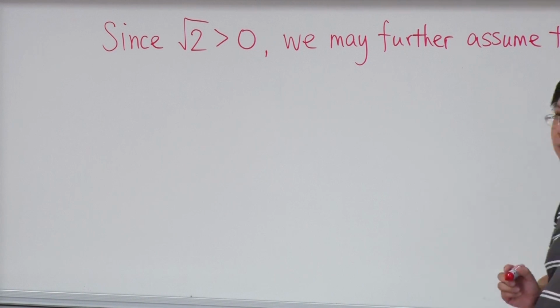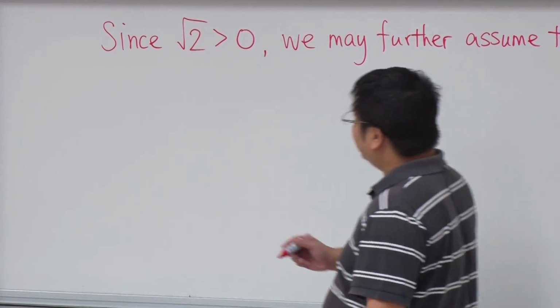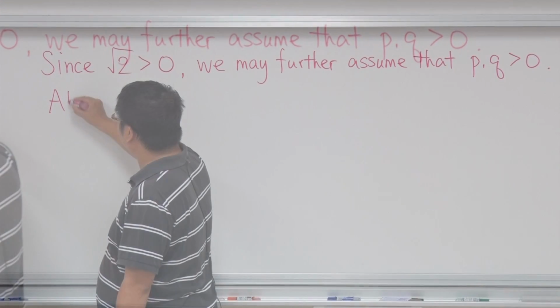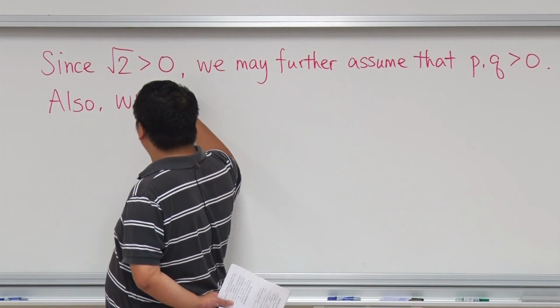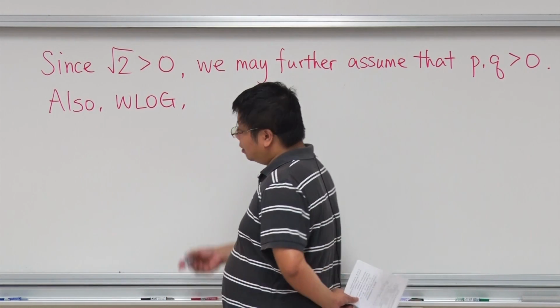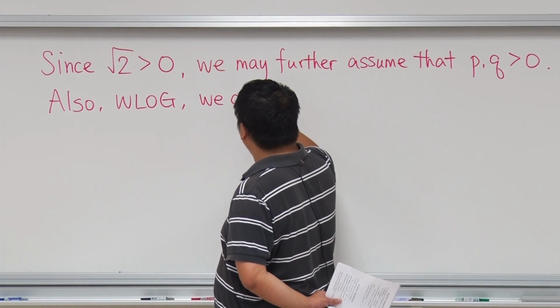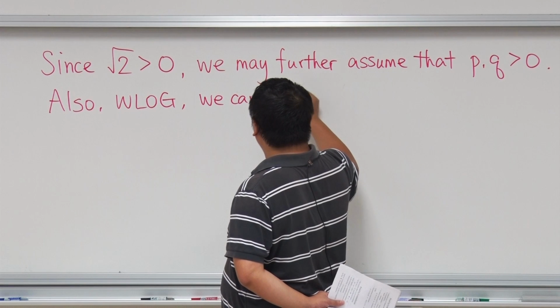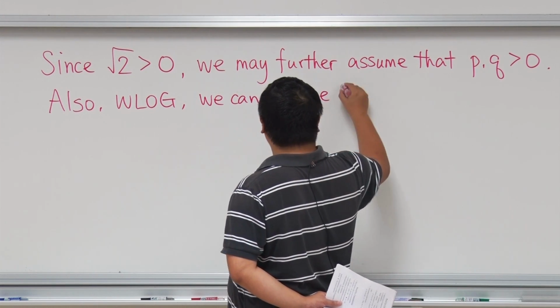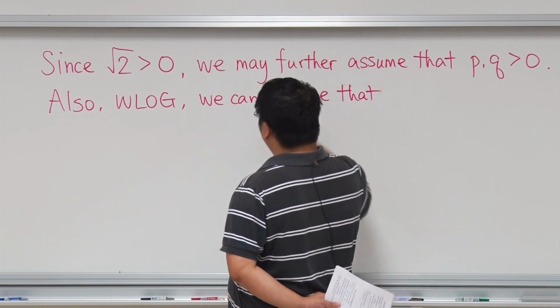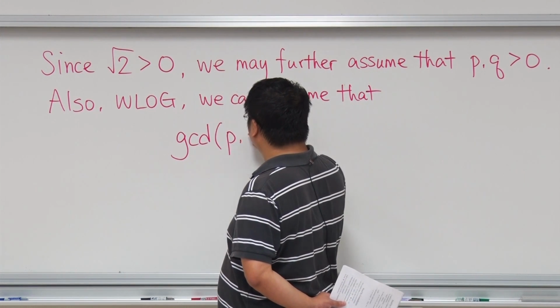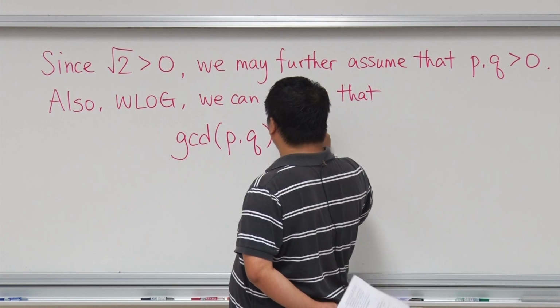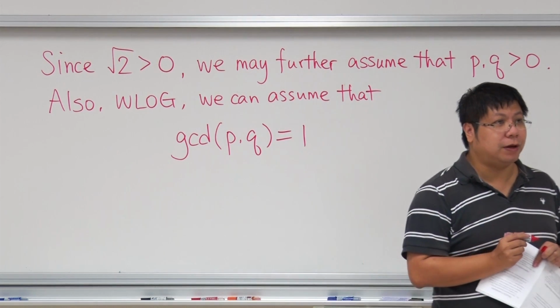Is that okay? Also, without loss of generality, we can assume that the greatest common divisor of p and q is equal to 1. So p and q do not have any common factor.